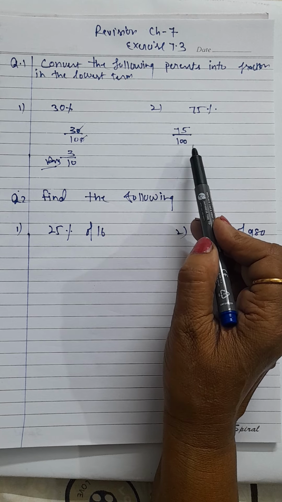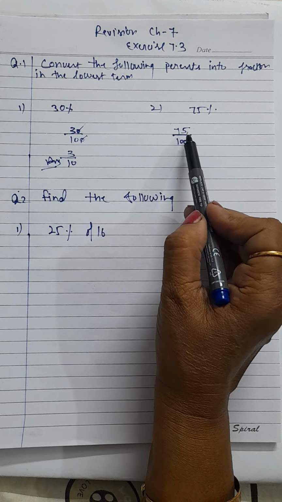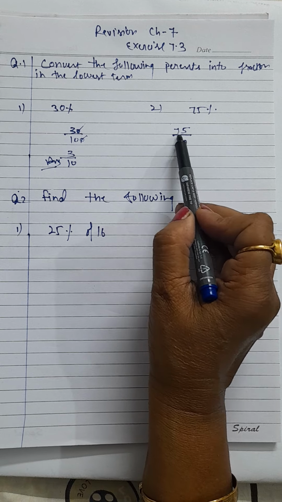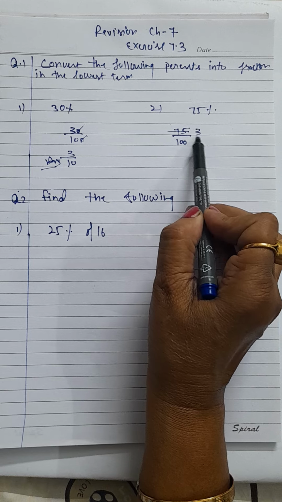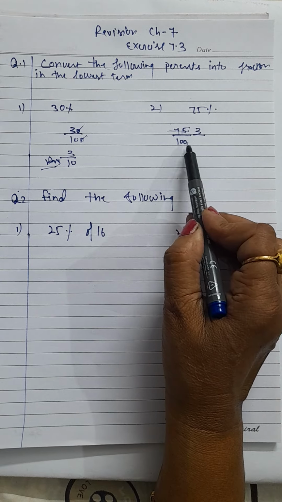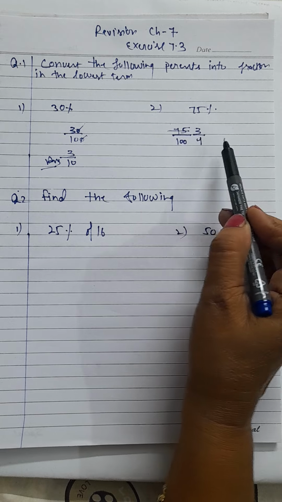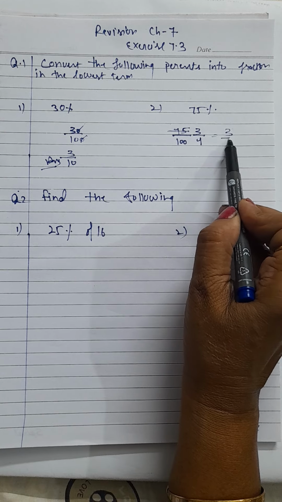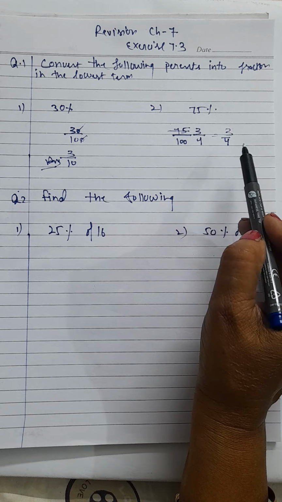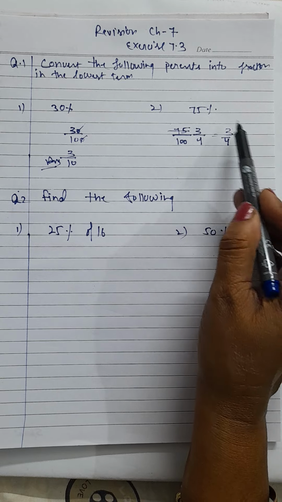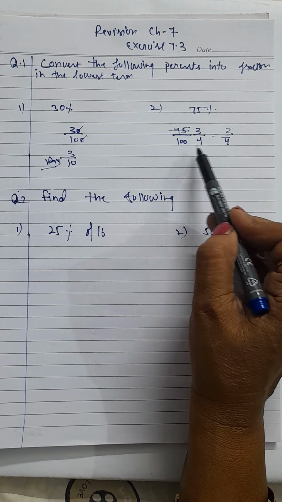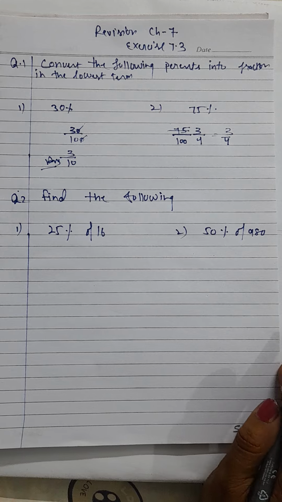So we can cut both numbers by 25. 25 threes are 75, so we cut 75 three times by 25, and we cut 100 by 25 four times. So the answer is 3 by 4, and 3 by 4 is the lowest term of 75%. First we write it as a fraction, later we convert into lowest terms, and the lowest term of 75 by 100 is 3 by 4.